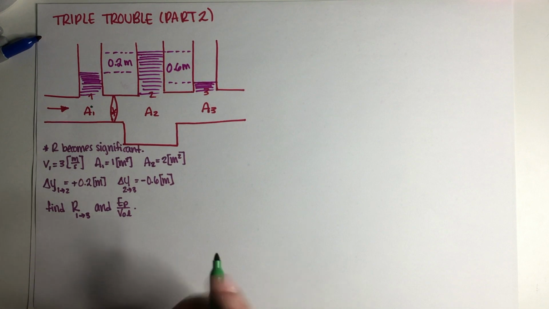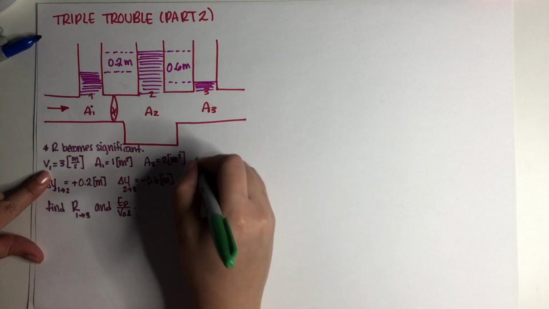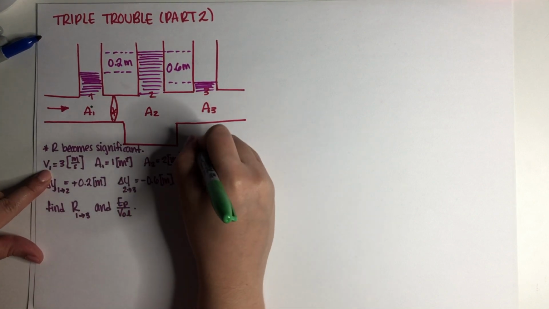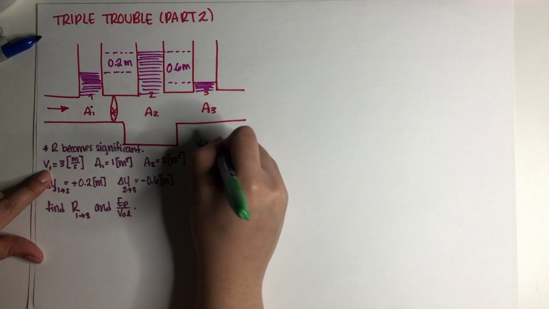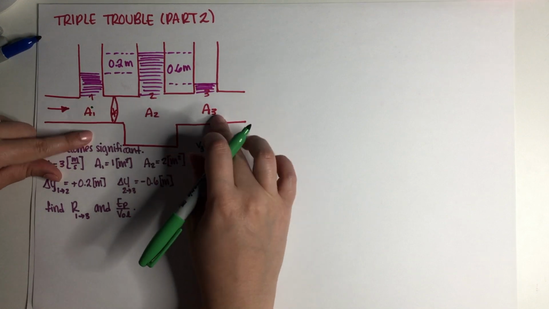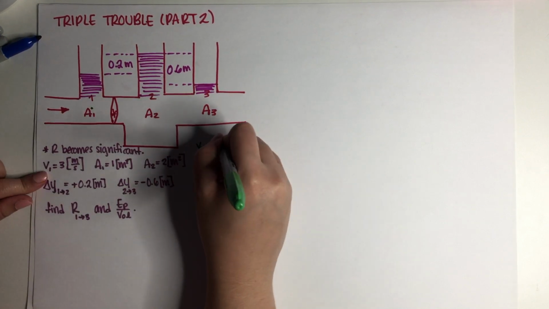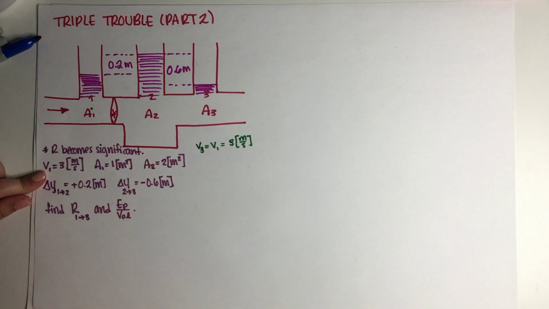The first thing that I'm going to do to get that out of the way, because I'm going to need it, is find the velocity at point 2. Now the velocity at point 3 is just the velocity at point 1, because these areas are the same, so this is just 3 meters per second, so that's easy to figure out.